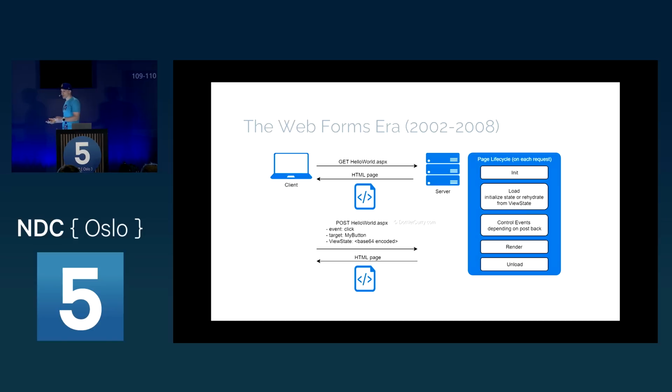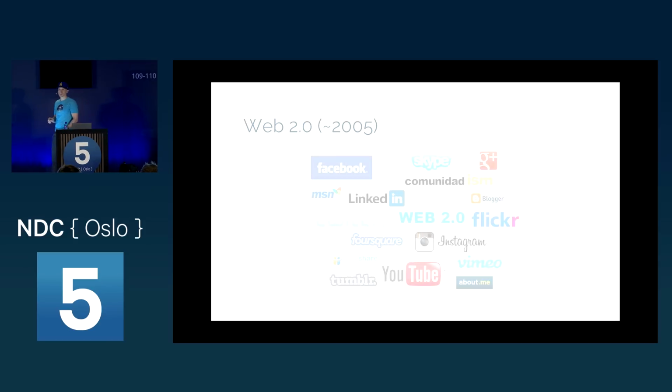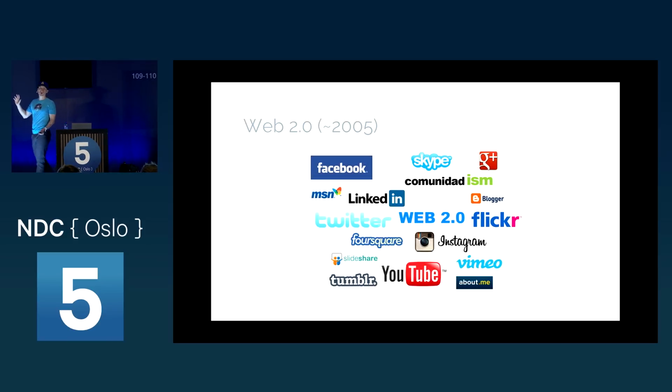But then what happens right after this era? Anyone want to take a hint? MVC? We're going to get there. Focus on accessibility. There's a phrase that's used in the industry a lot that defines the next era. Who here has heard of Web 2.0? Or at least heard the phrase?